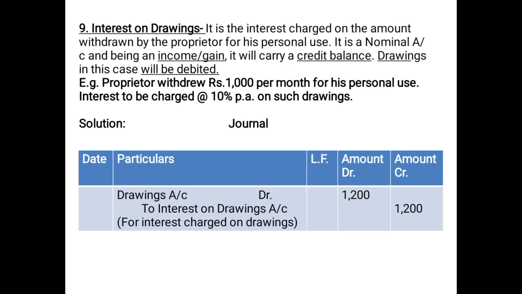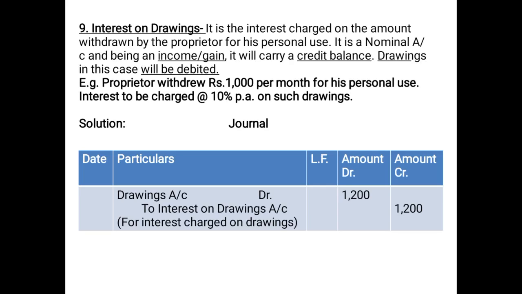Moving ahead, point number 9, interest on drawings. What is drawings? Drawings is the amount of cash, goods, asset, anything withdrawn by the proprietor for his personal use. Now, when the proprietor has invested some amount in the business for business purpose, if he withdraws such amount or a part of such amount for his personal use, he is entitled to pay interest on such withdrawal to the business, and such interest is known as interest on drawings.